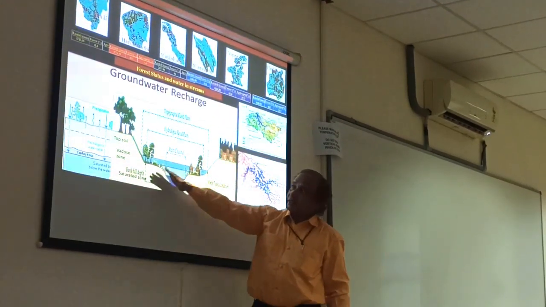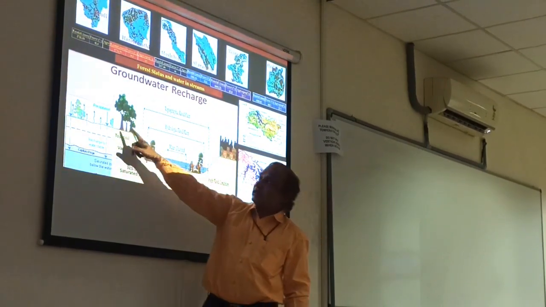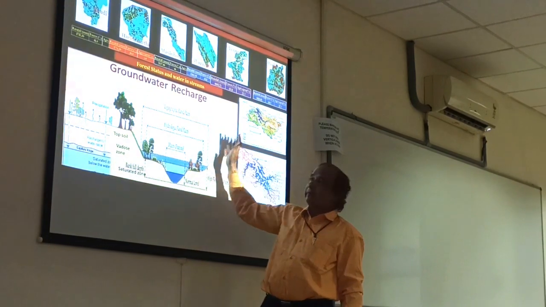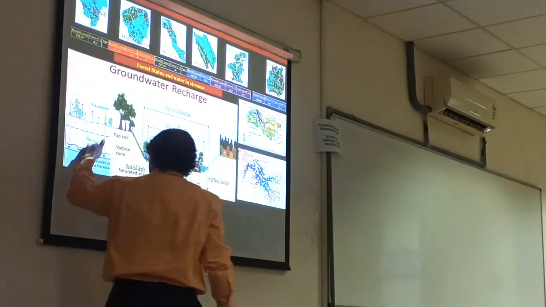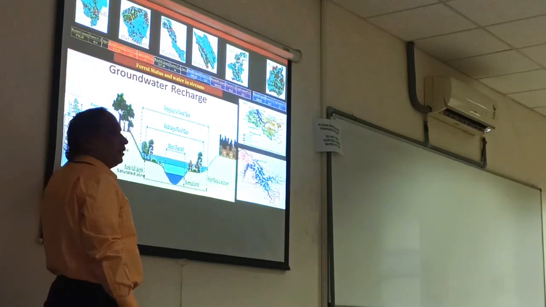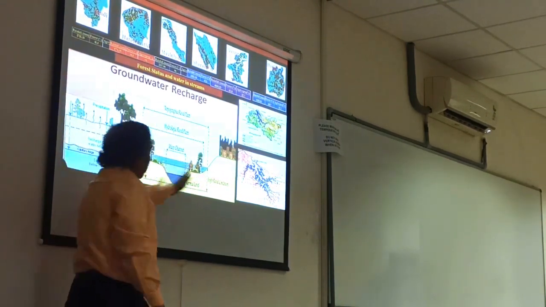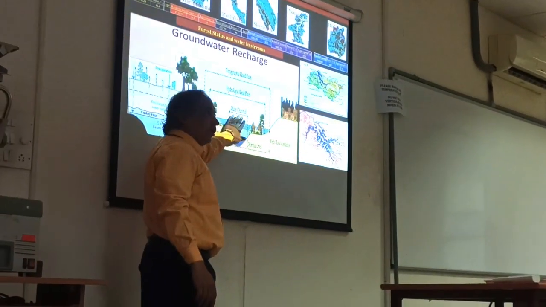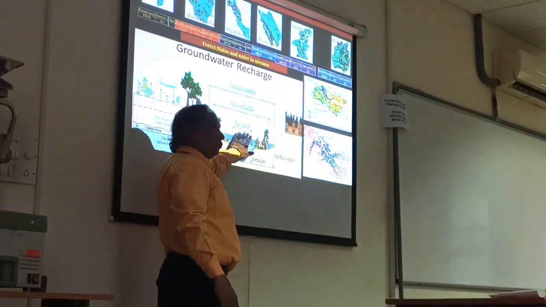Then we did a hydrological study across the various land use types: native forest, urban, monoculture plantation. We put sensors in the underlying layer to understand how much water goes to the underlying layer during the monsoon, and also during the post-monsoon how much water flows laterally, which is available in the stream, river or a well as the post-monsoon flow.